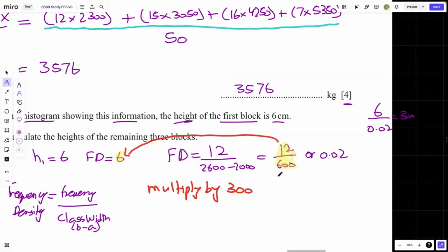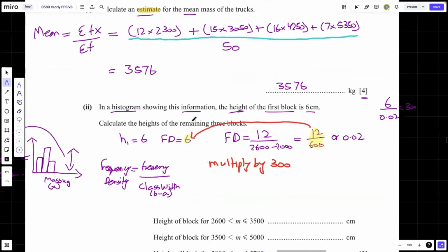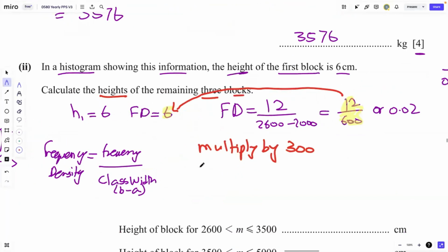So 12 over 600 is going to be multiplied by 300 to get 6. Whatever frequency density we get for the remaining blocks, because we are supposed to calculate the height of the three blocks, we just multiply it by 300.